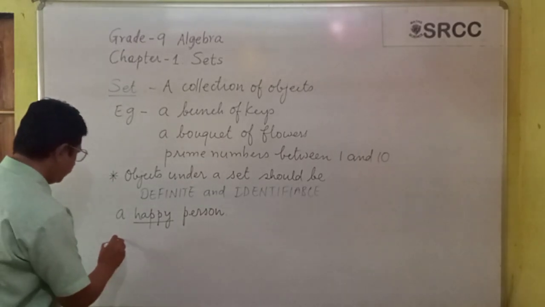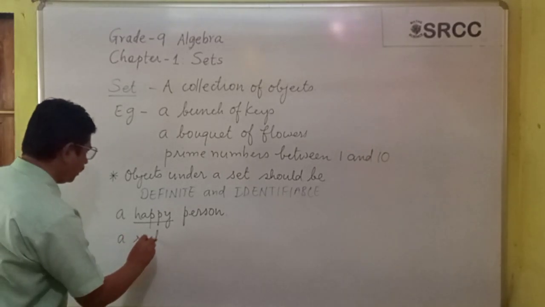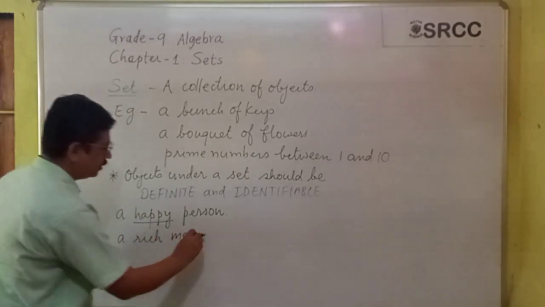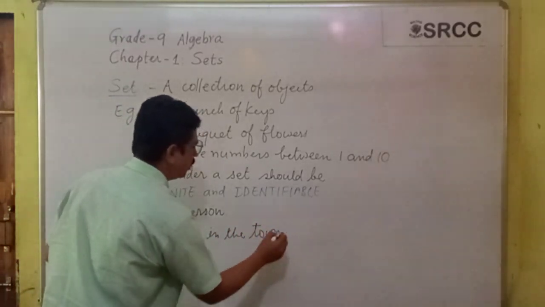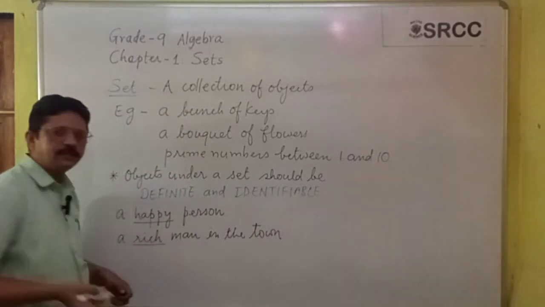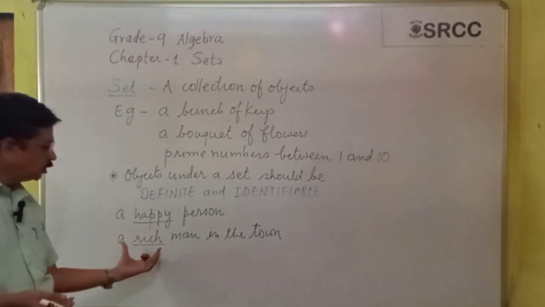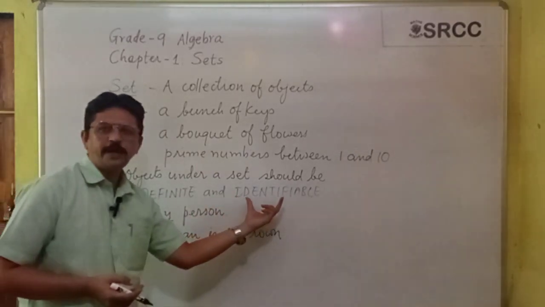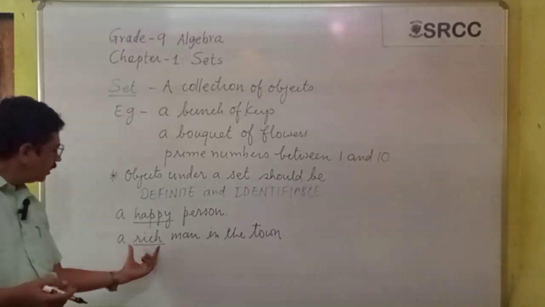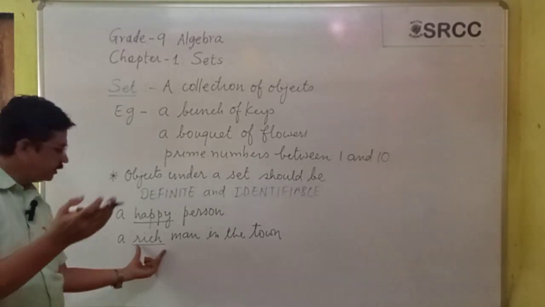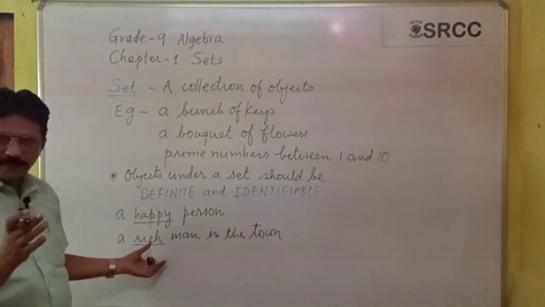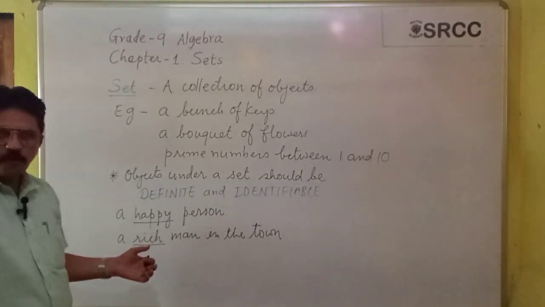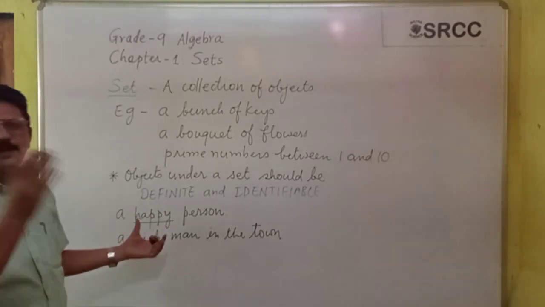Similarly, say a rich man in the town. In this case, richness of a person is also not definite and it is also not identifiable, because for a poor man there can be another man who is a rich person, but at the same time there can be a richer person for whom that rich person is comparatively poor.